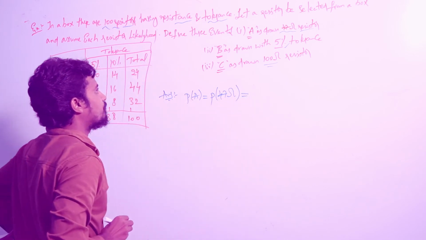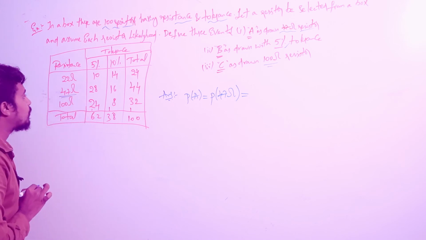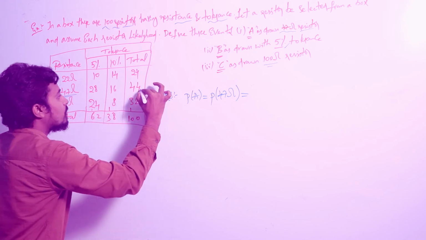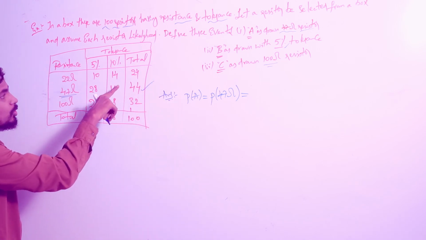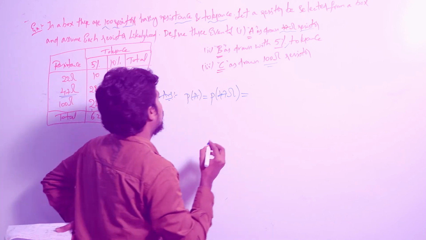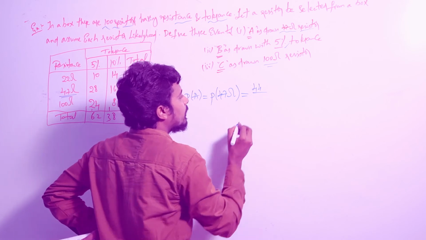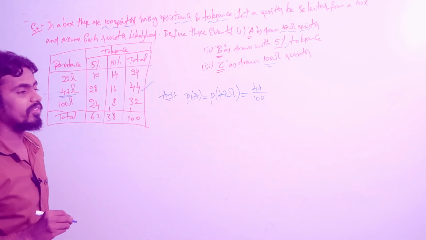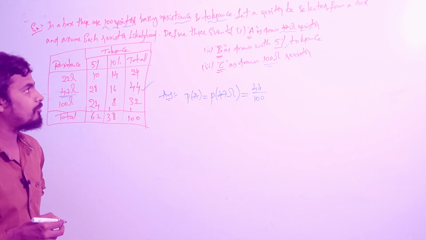Here, if you see 47 ohm, you can observe the 47. 47 means total how much you will get? 44. 28 plus 16 you will get the 44. That will be the 44 divided by 100. Total number of resistors will be the 100, and favorable will be the 44.